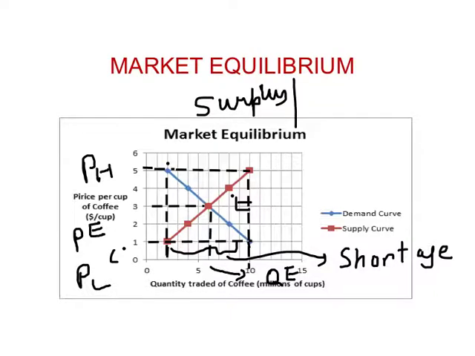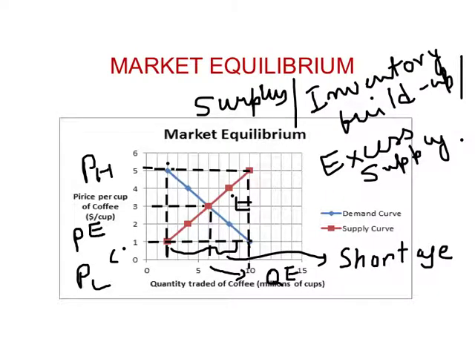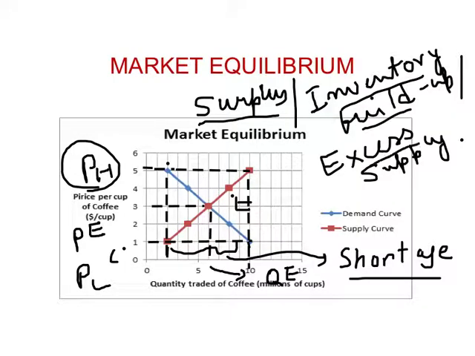Another term we have used is inventory buildup. And another term we have used is excess supply. All terms mean one and the same thing. So you should know what is equilibrium. What will happen if the price is lower than equilibrium? We'll have shortage. If the price is higher than equilibrium, we'll have surplus or inventory buildup or excess supply.